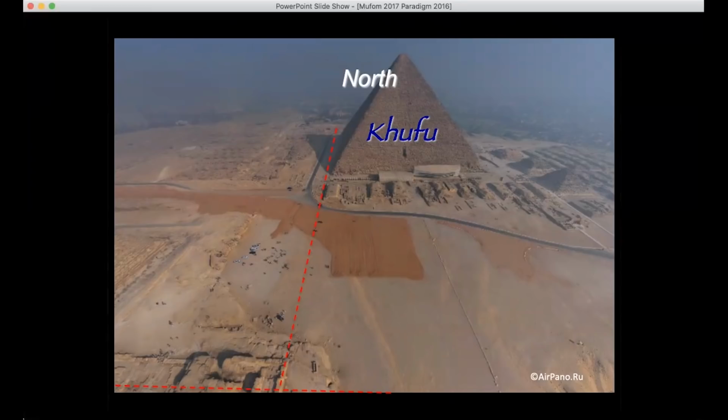There's Khufu. Is that maybe running along where the original casing stones would have been, or the bottom of the socle? Yes, I think it's right in one of the furthest measurements out. It probably is, but I'll show you exactly how they place the Great Pyramid off of that center line.